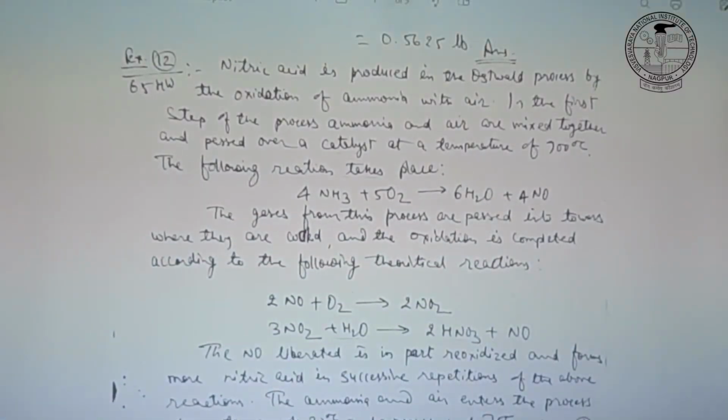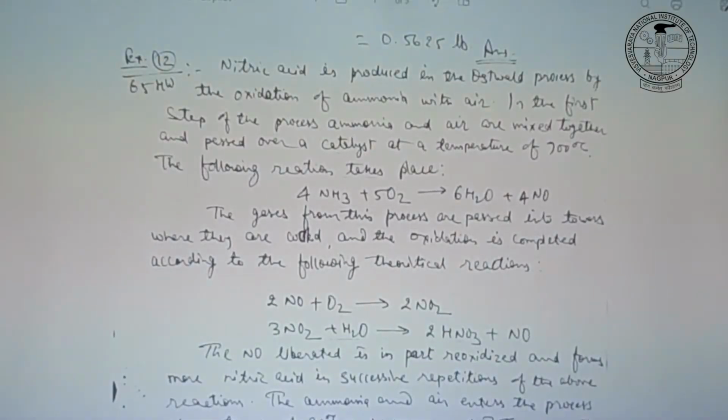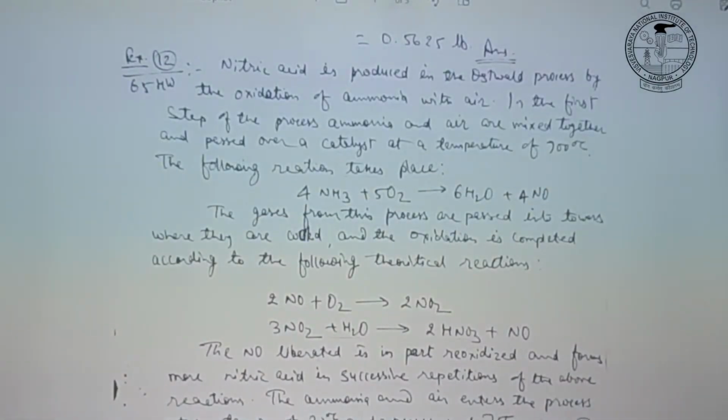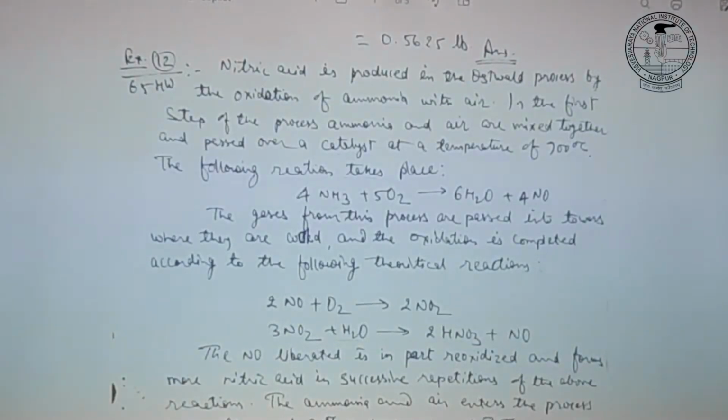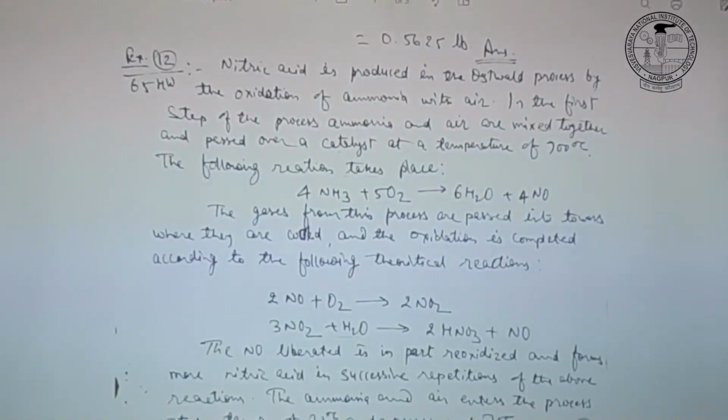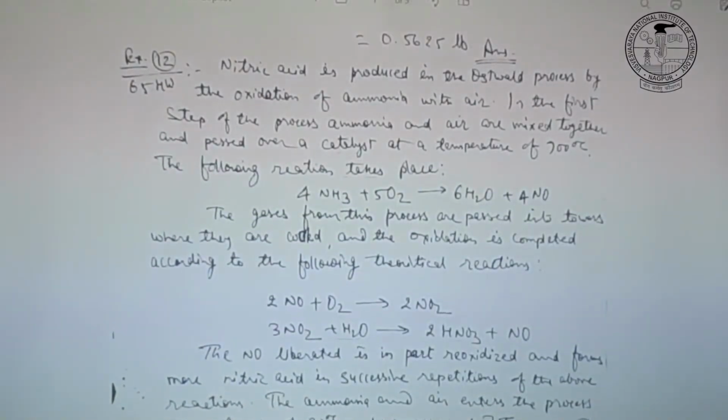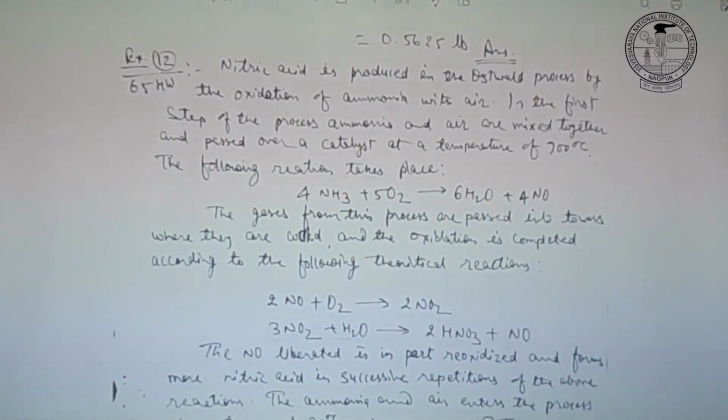The gases from this process are passed into towers where they are cooled, and oxidation is completed according to the following theoretical reactions, right? 2NO, which we received from the earlier reaction. 2NO plus O2 gives 2NO2, right? And then this NO2 reacts with water: 3NO2 plus H2O gives 2HNO3 plus NO, right?